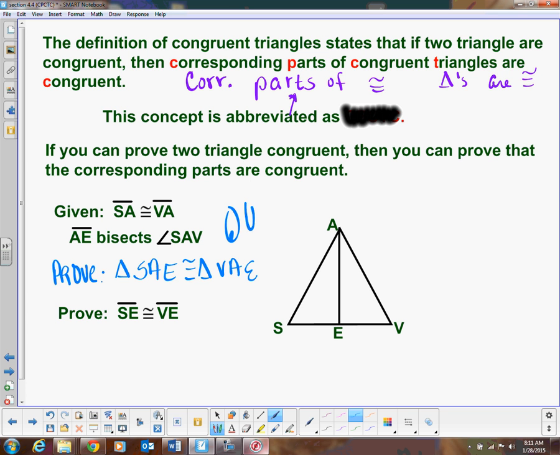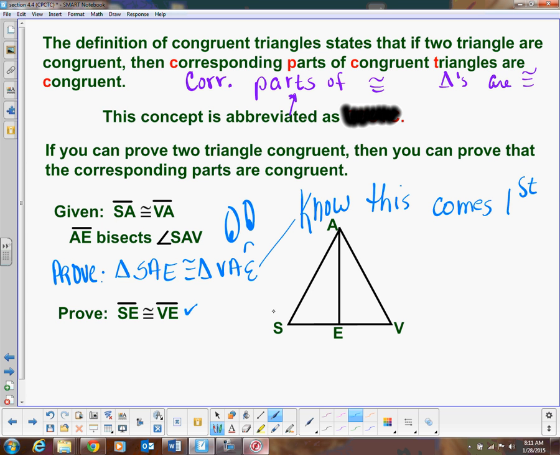You will not see this. That will not be written. You have to know that this comes first. We can only do this because the triangles were congruent. Are you with me? So this will be invisible. You have to know to do that. Invisible.